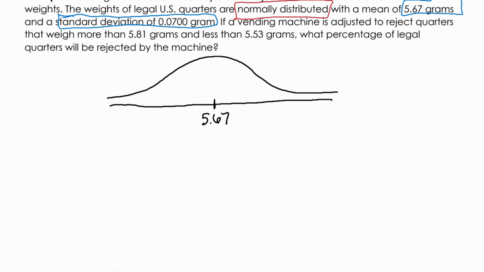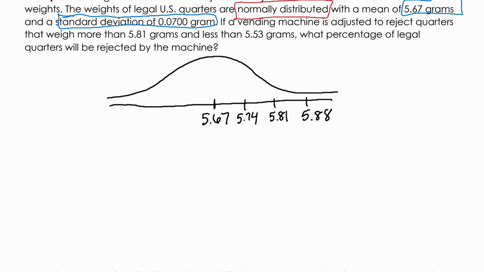So if I add 0.07 to 5.67, that gives me 5.74. Then if I add it again, that gives me 5.81. And then if I add 0.07 one more time for 3 standard deviations out, that gives me 5.88.